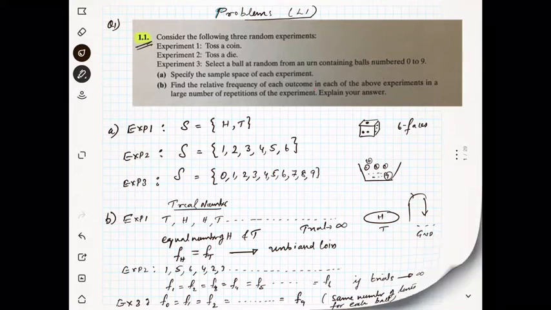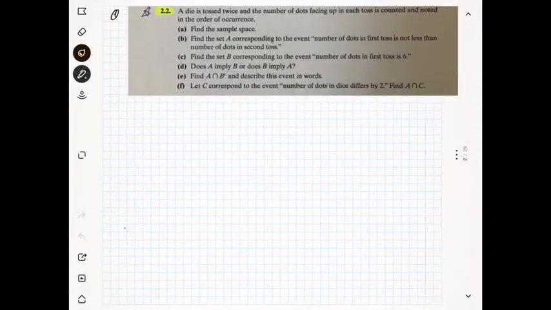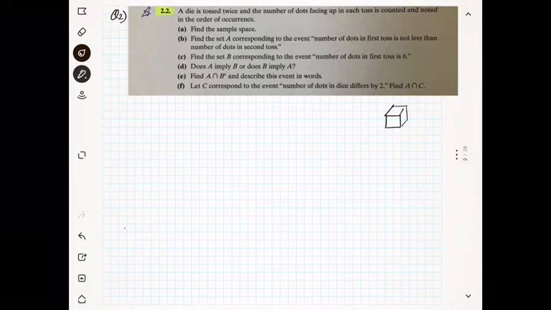Next we will move on to the second problem. Question number 2: a die is tossed. You know that we have a die here, and the die has 6 faces.